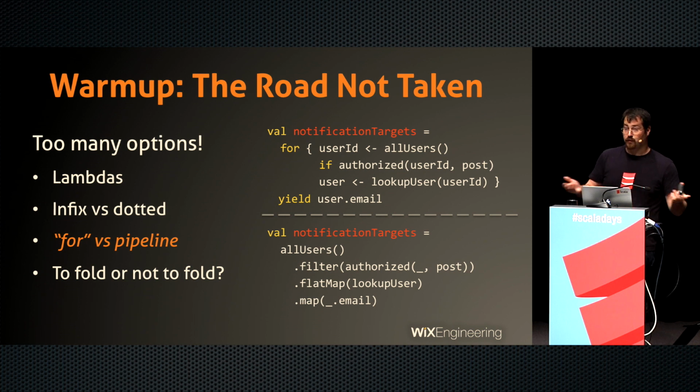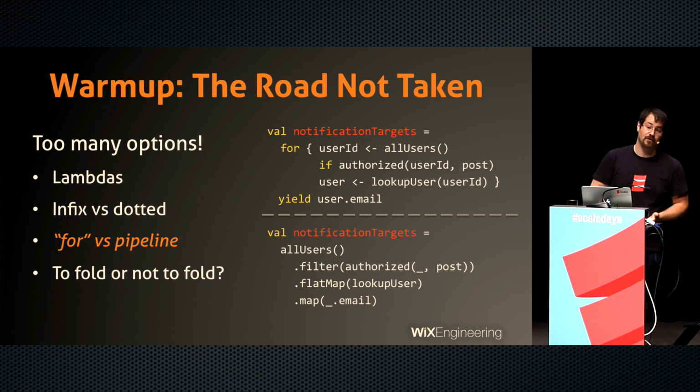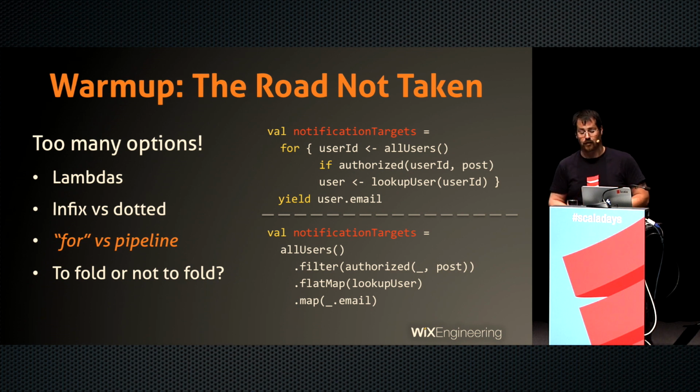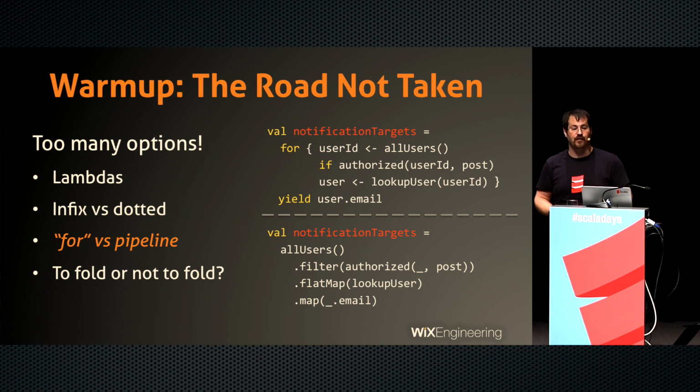Another example, for comprehensions versus just pipelining operations. So we have 2, once again, semantically and roughly syntactically equivalent versions, right? The generated code from the for comprehension is not entirely, but almost identical to the handwritten version below. And there's not a clear winner. It's an aesthetic preference, right?